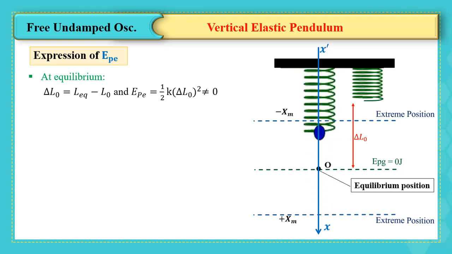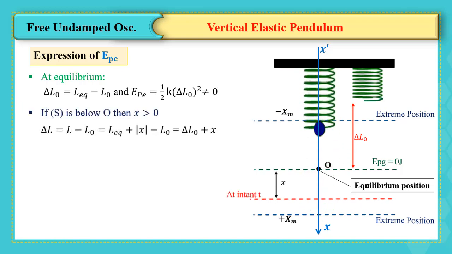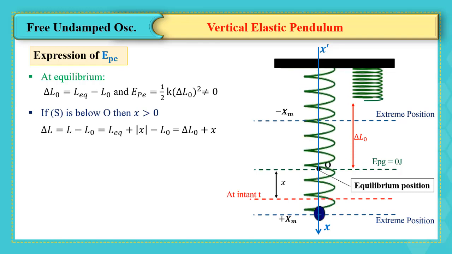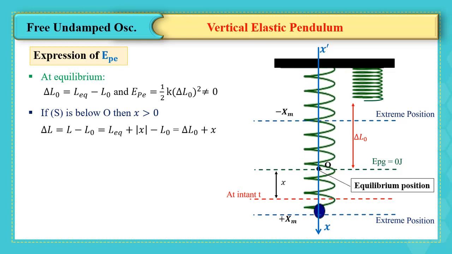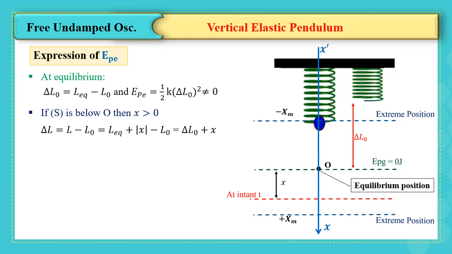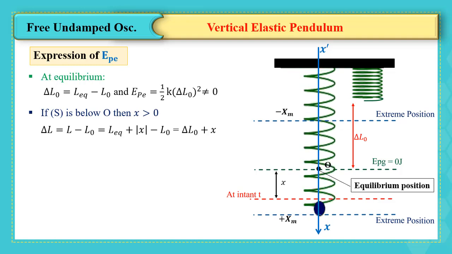In this case, choose the first position where S is below O, then X is positive. In this case, delta L can be written as L minus L0, but L is L at equilibrium plus the absolute value of X, minus L0.